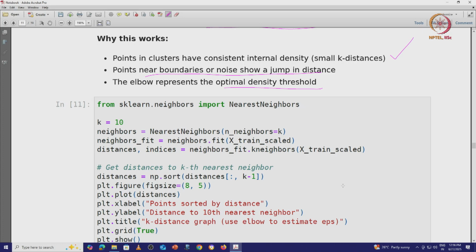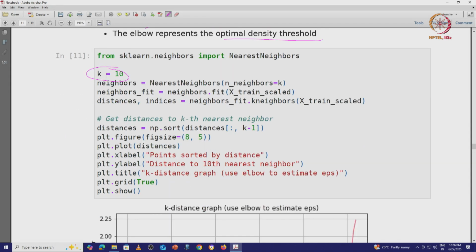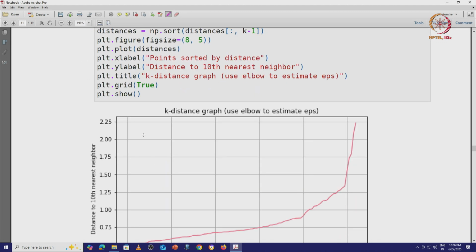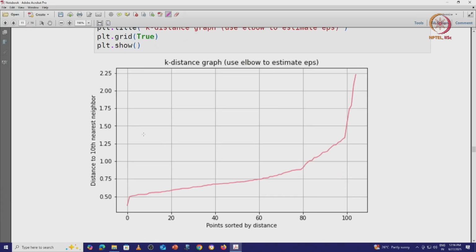So here what we are doing is we are looking at 10 nearest neighbors, and we are trying to find the distances and trying to plot those distances, right? So once you get the distances to the k nearest neighbors, then you are making this plot. On the y axis is the distance to the 10th nearest neighbor, and here you have however many points you are able to find within that distance.